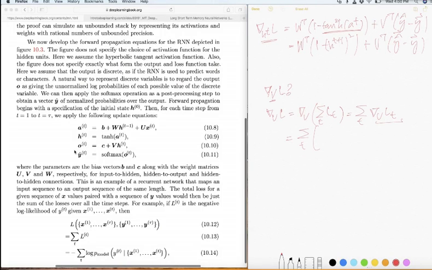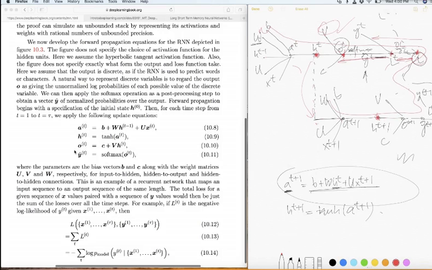So if I want to write the gradient of L with respect to V, I have to consider the intermediate variable o_t.